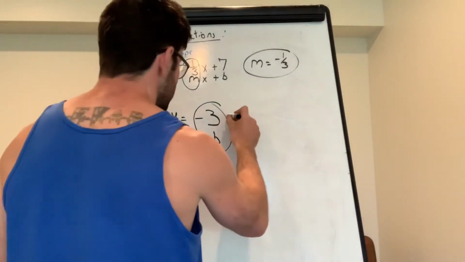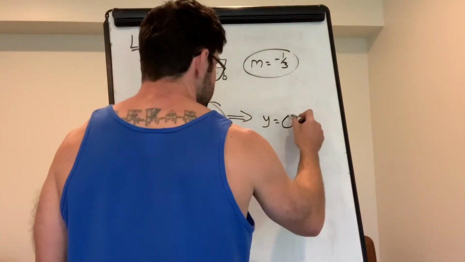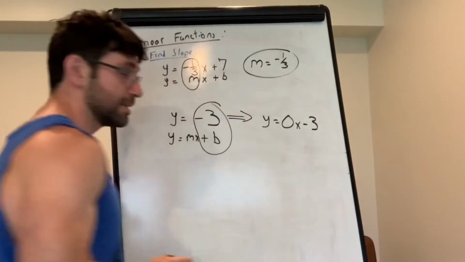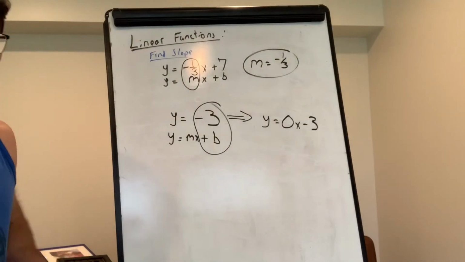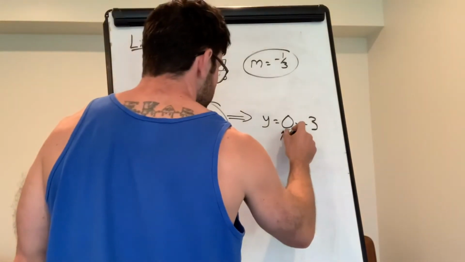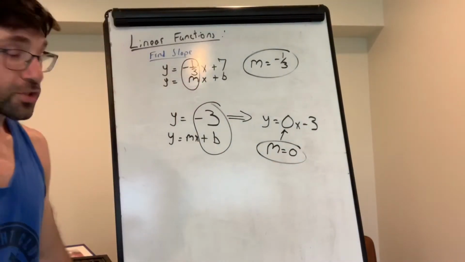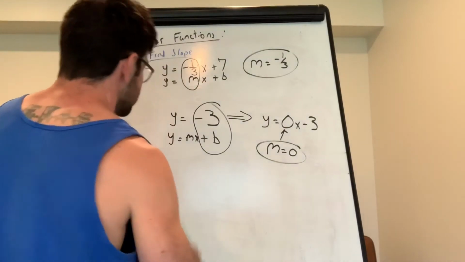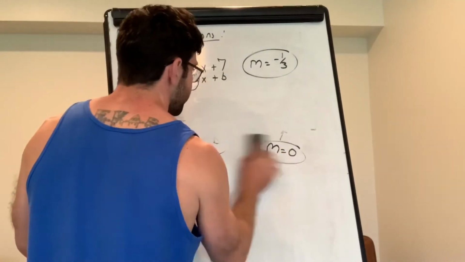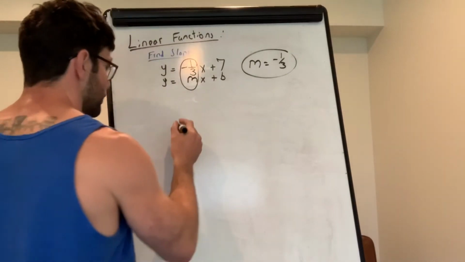Well, no. So that really means that I have y equals 0x minus 3. If there's no x in a linear equation, that means that my slope is 0, which means that it's going horizontally. Again, this is a very rough, quick teach of it, but it's enough to get you into slope-intercept form.